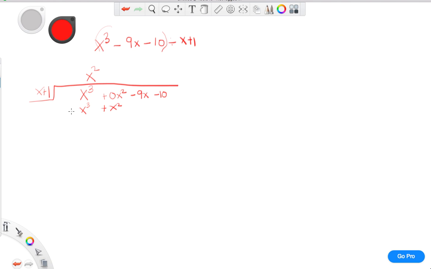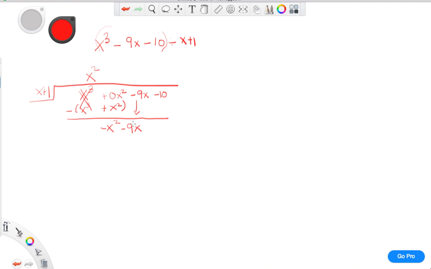We are subtracting, right? So when we subtract, we will cancel this out and this becomes a negative. So we get negative x squared. And now we drop down this term and we get negative x.